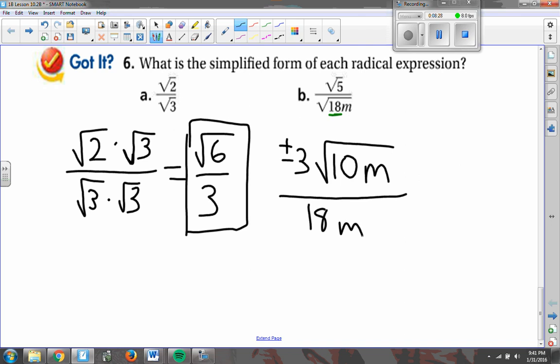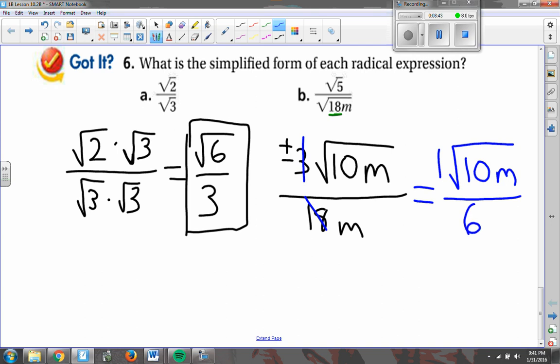We get 18 m's. Now, again, here I can cancel the 3 and the 18. Make this 1 square root of 10m over 18 divided by 3 is 6. I'll get rid of the 1 because I don't need it. There's my final answer, square root of 10m over 6m.